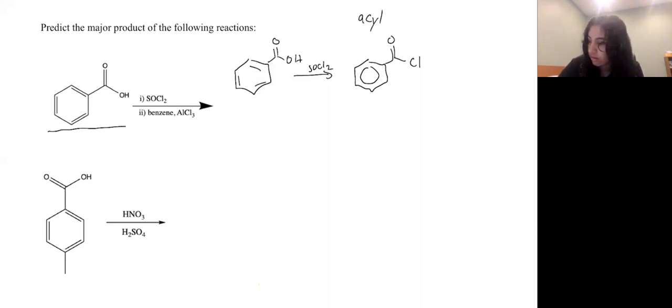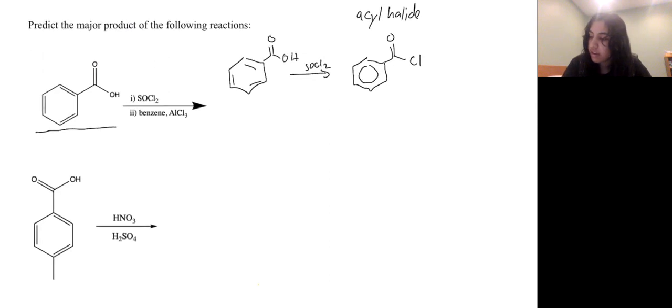And then what's the role of an acyl halide in our Friedel-Crafts acylation? Yes, an acyl halide is the electrophile, and after reacting with a catalyst, it turns into an acylium ion. So yes, perfect. So in step 1, we made an acyl halide. So we made an electrophile.